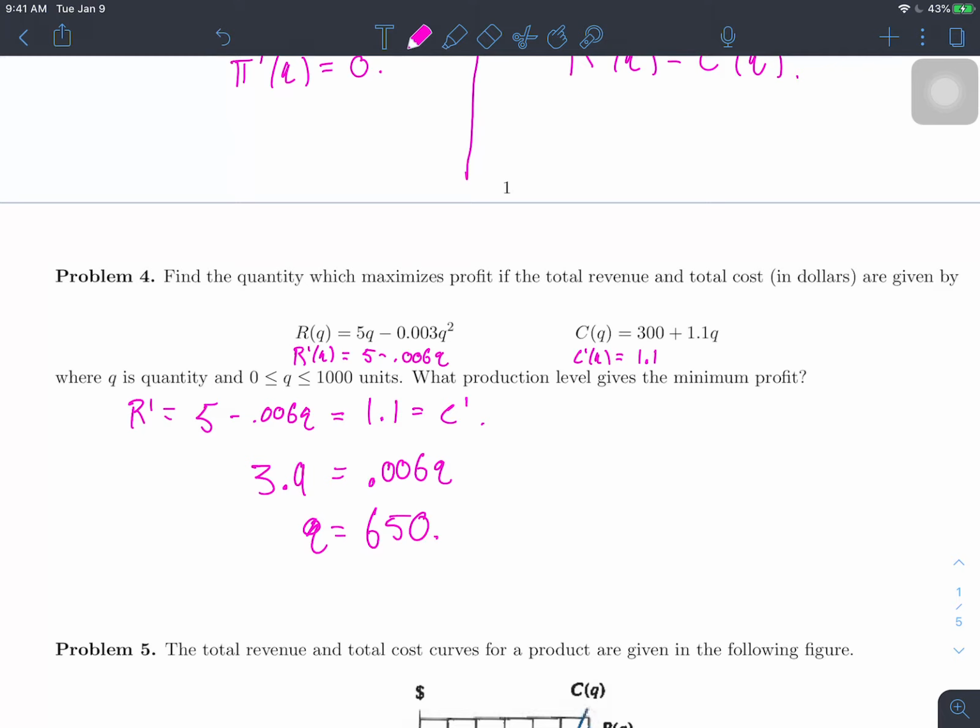Okay, so let me reread the question and be very particular about what we're asking here. We're supposed to find the quantity which maximizes profit if the total revenue and costs are given by these functions, where q is the quantity and 0 is less than or equal to q is less than or equal to 1,000 units.